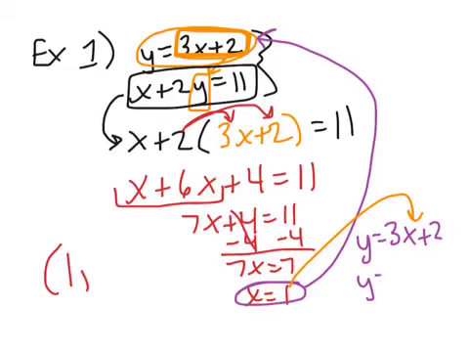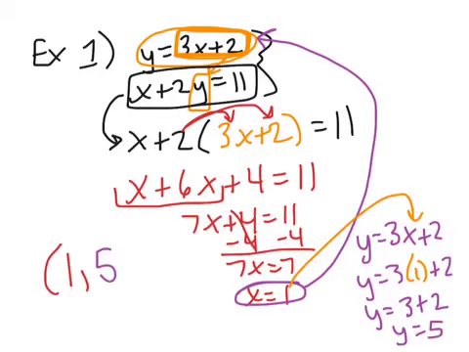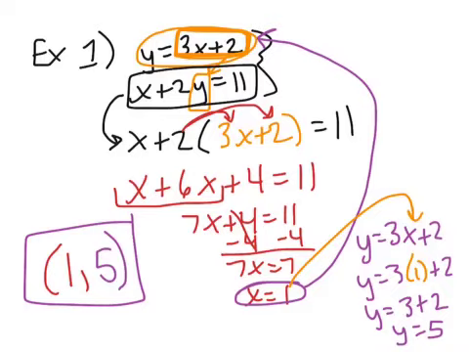So y equals 3 times 1 plus 2. That means y equals 3 plus 2, which is 5. So the solution to that system of linear equations by substitution is the ordered pair 1, 5.